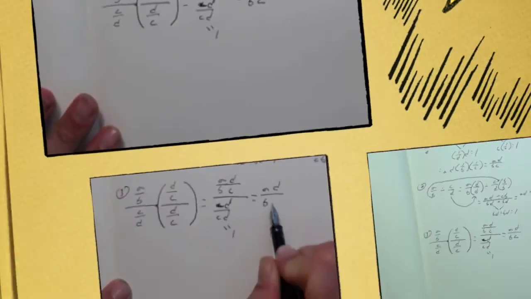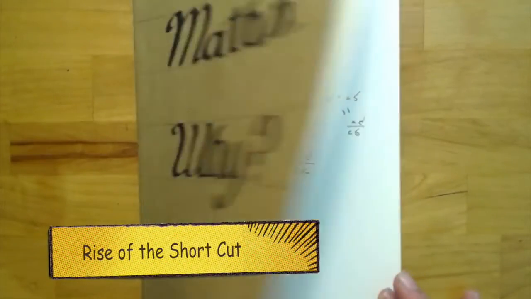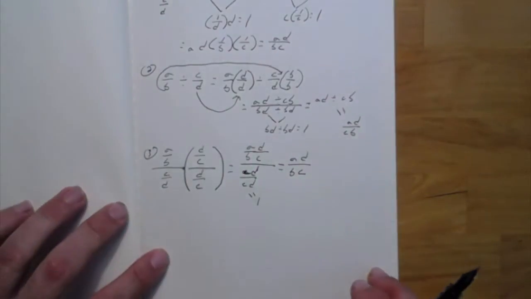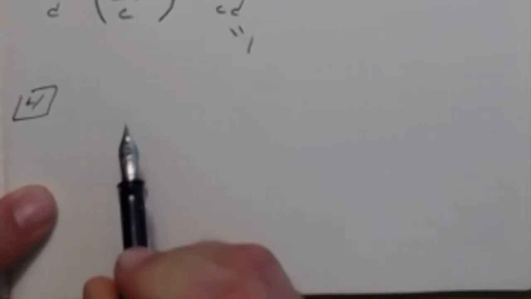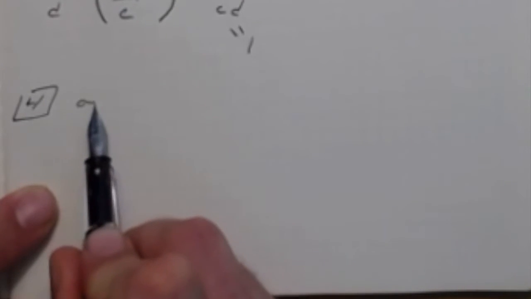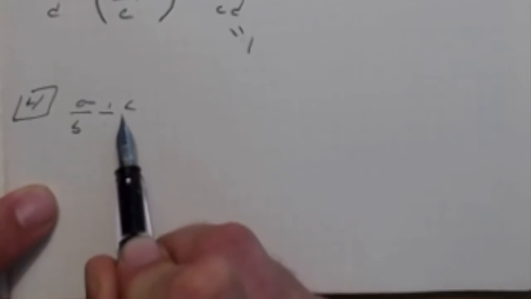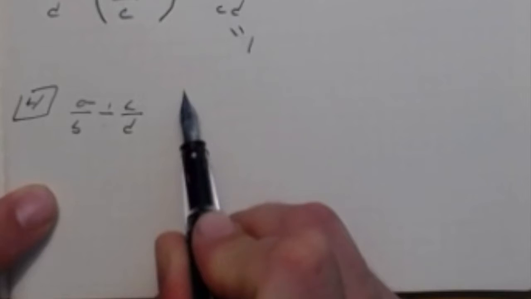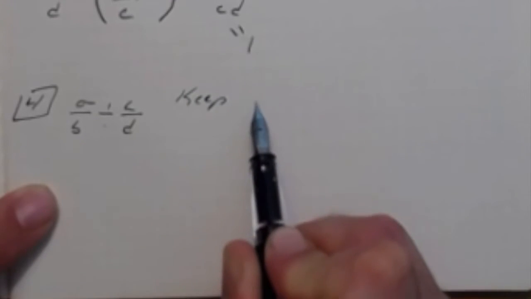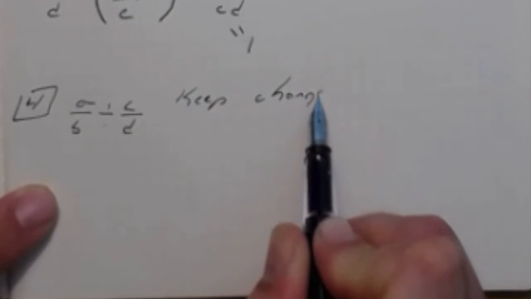If all else fails, that's when we get to see where that special rule came from. So looking back at a fraction dividing a fraction, a over b divided by c over d, I'm going to go ahead and use that rule, the keep, change, flip rule. So we just have a raw application.